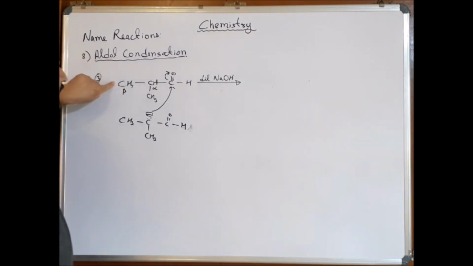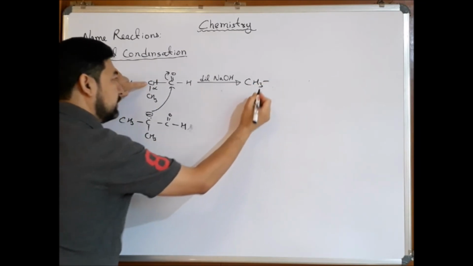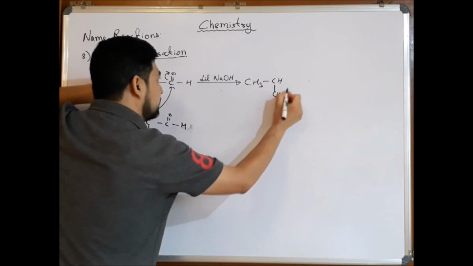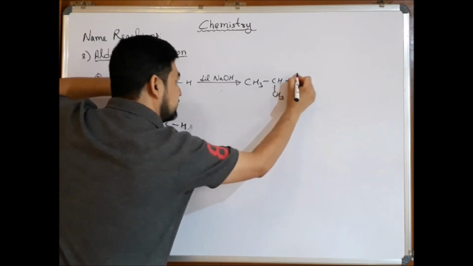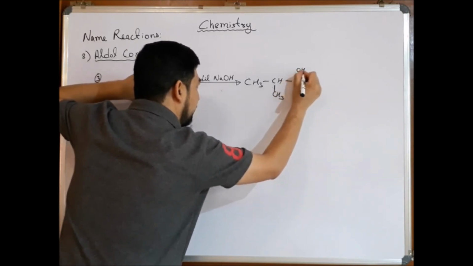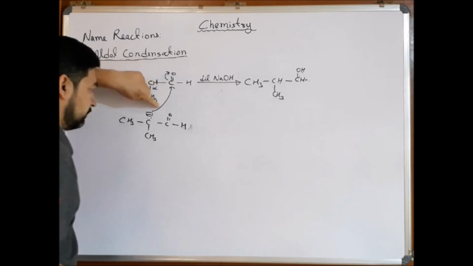So start writing from here. It's CH3, then CH3, C, sorry, this becomes O and H. Here comes H, and this is the bond now.